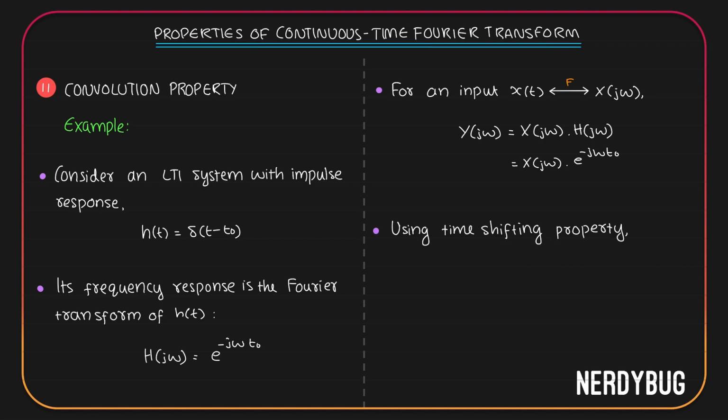But according to the time shifting property, we have learned that the Fourier transform of x of t minus t naught is e raised to minus j omega t naught x of j omega. That is what we have over here. So if y of j omega is e raised to minus j omega t naught x of j omega, then y of t will be x of t minus t naught. This proves that convolution in time domain is equivalent to multiplication in frequency domain.